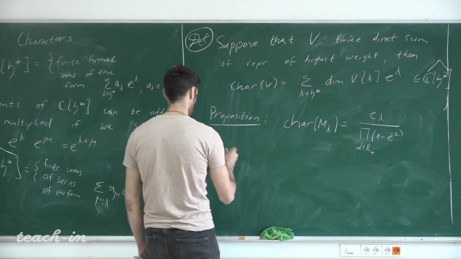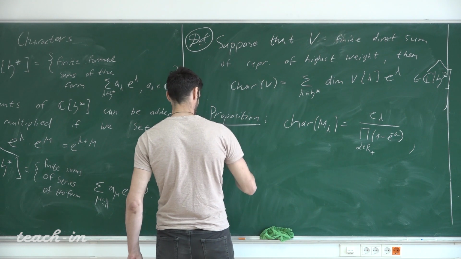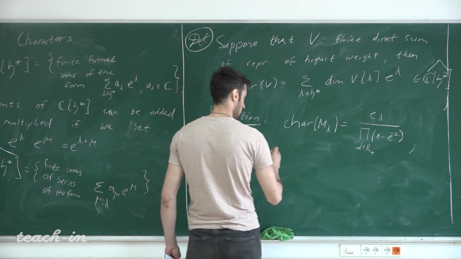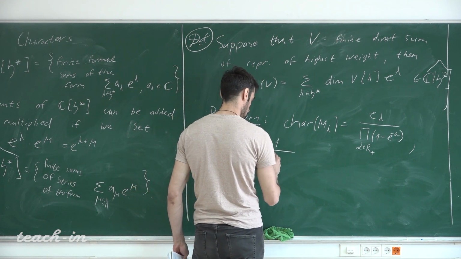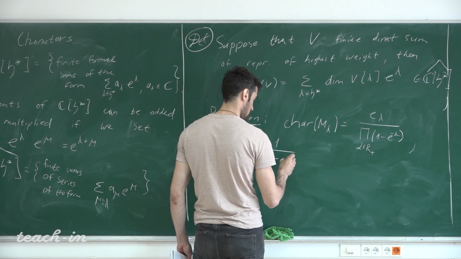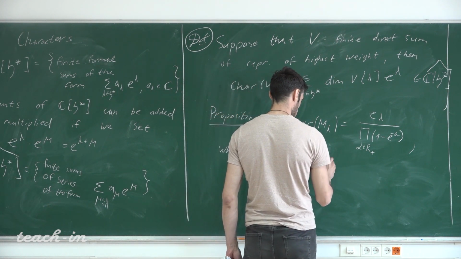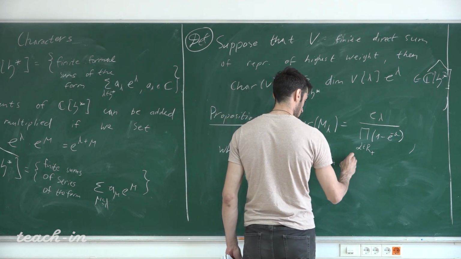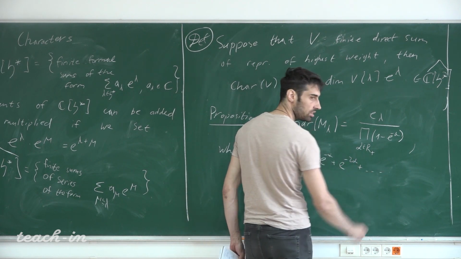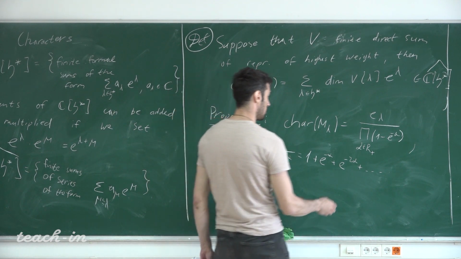Here you should understand such a fraction as a series that goes like that: 1 plus e to the negative alpha plus e to the negative 2 alpha, and so on.